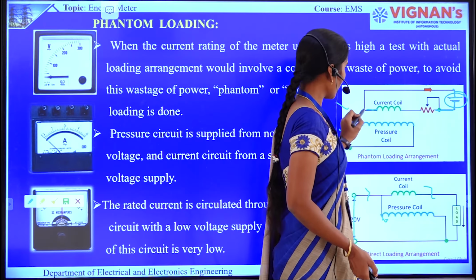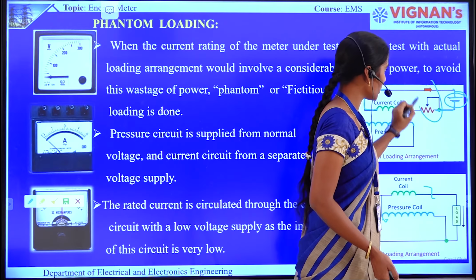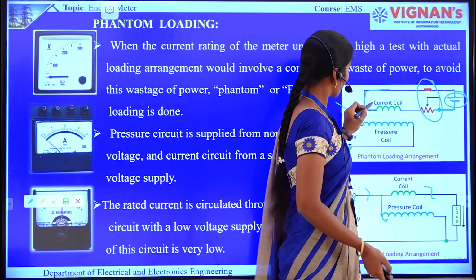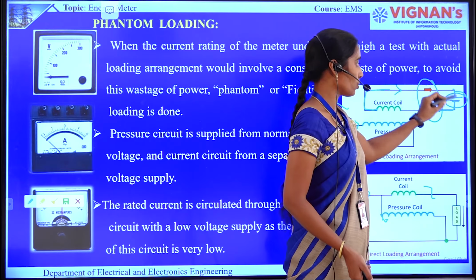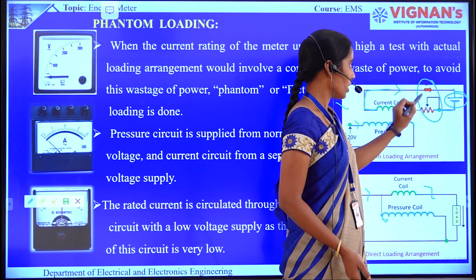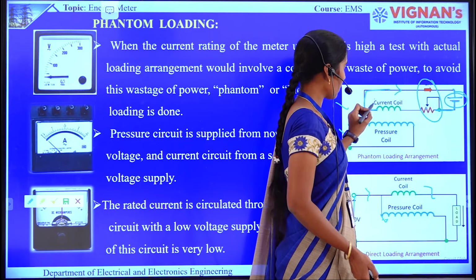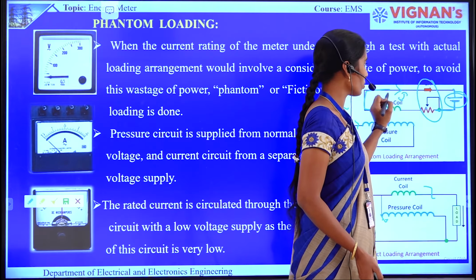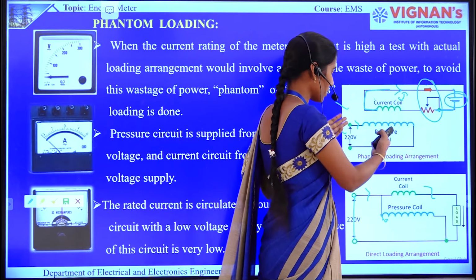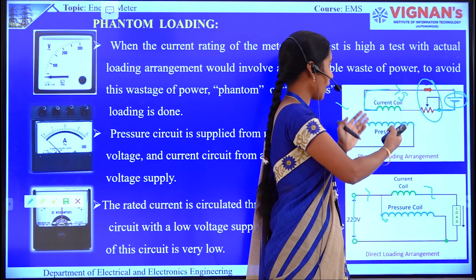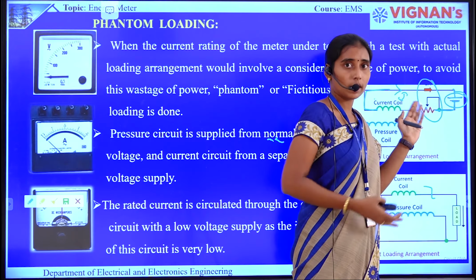Since the impedance of this circuit is low, the maximum or rated current flows through this circuit. That means rated voltage appears across the pressure coil and rated current flows through your current coil.